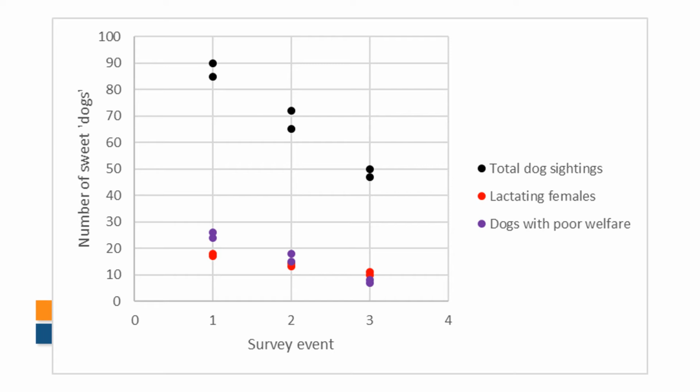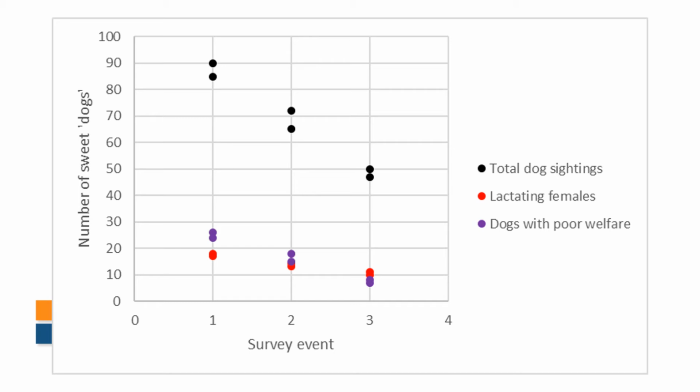And then we have these 3 survey events, and in between each survey event is the year's worth of intervention, and during that time we assume that the dog population has reduced, in particular lactating females and those with poor welfare, because our intervention included reproduction control and veterinary care. And so our delegates had in particular removed lactating females and those with poor welfare. And so when we go to the 2nd survey event, we clearly counted fewer dogs on our survey routes, and fewer both lactating females and dogs with poor welfare.